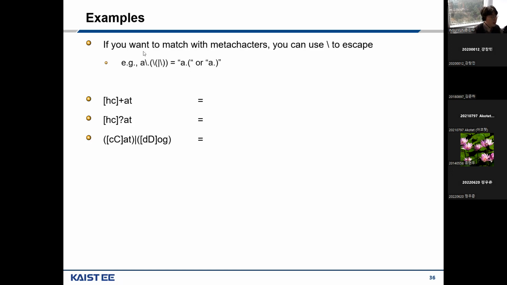For example, backslash dot, backslash open parenthesis, or backslash close parenthesis means that we will match with a dot, an open parenthesis, or a close parenthesis. So we can use the backslash for the escape.